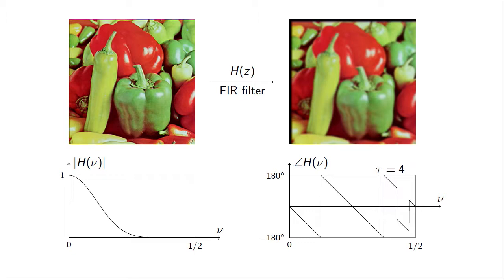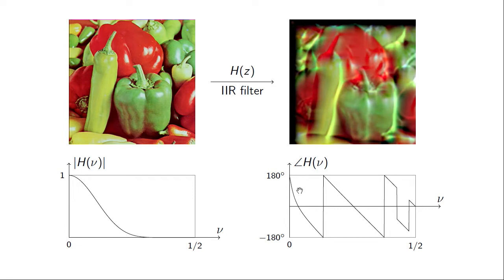And look now at what happens if we change this example to, instead of considering an FIR filter which has this linear phase, we instead consider an IIR filter which has a non-linear phase. So the amplitude of the frequency response remains exactly the same as before, but the only change now is that we have a filter whose phase is not equal to a linear phase. And what we can see here is that this completely destroys the filtered picture.